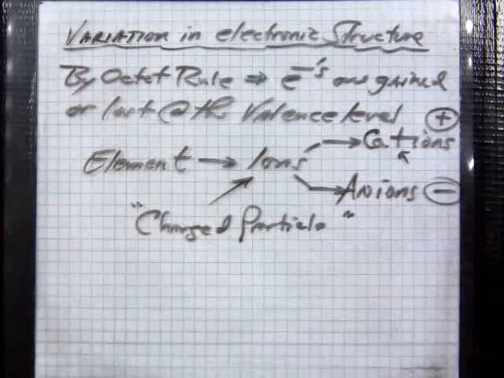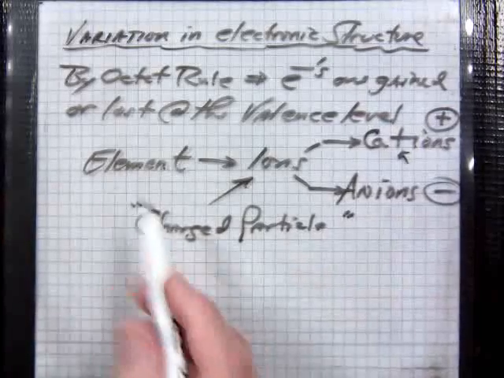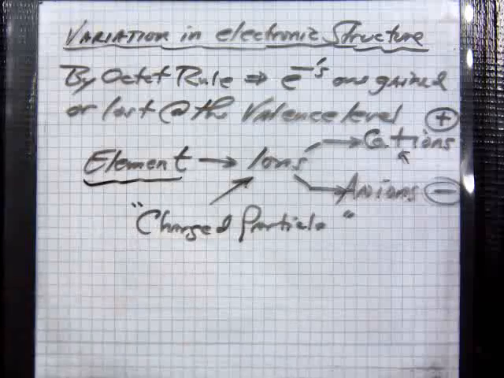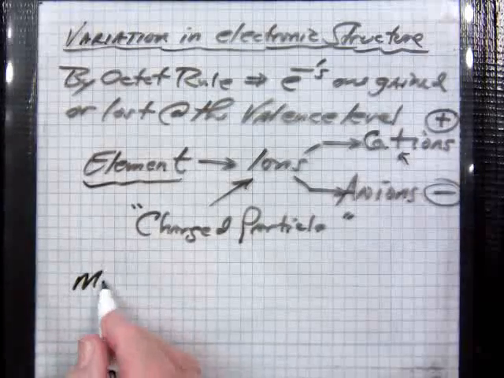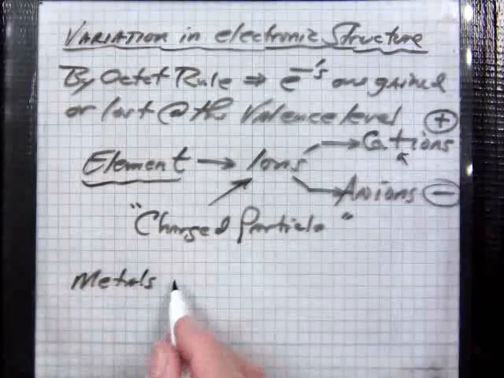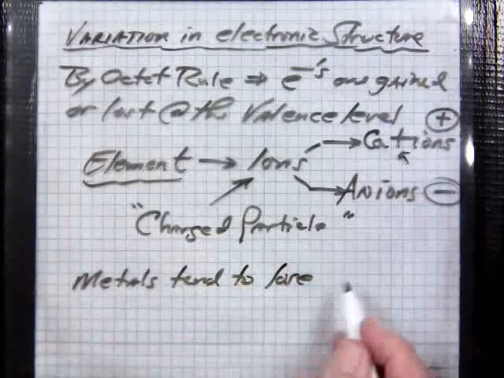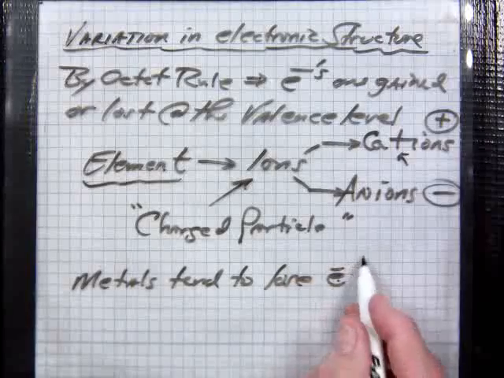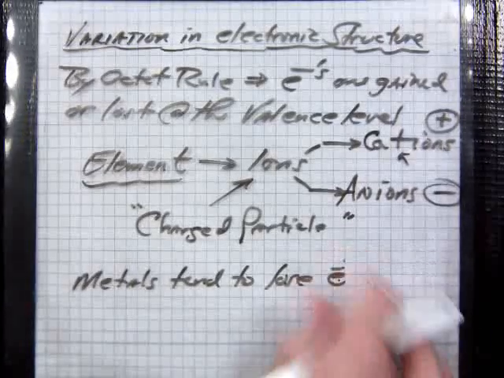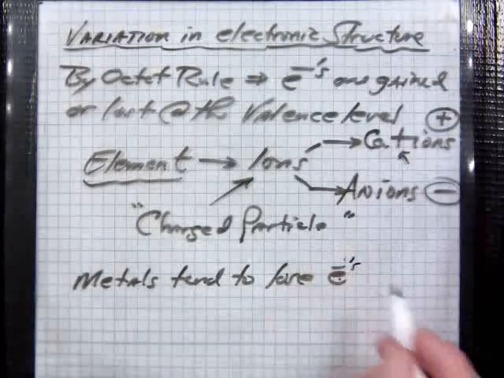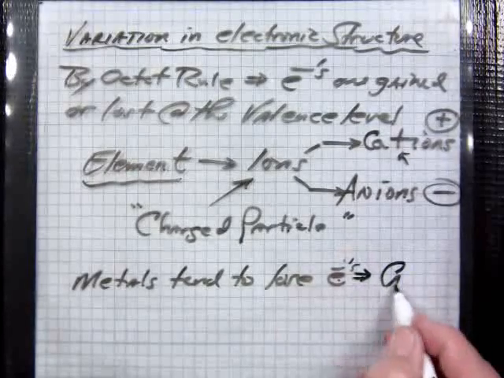But in general, when we talk about the metals, we can generally say these tend to lose electrons and become cations.